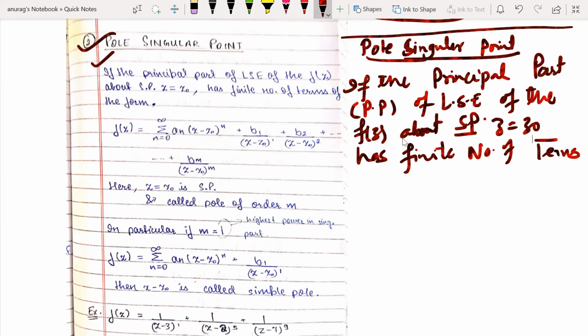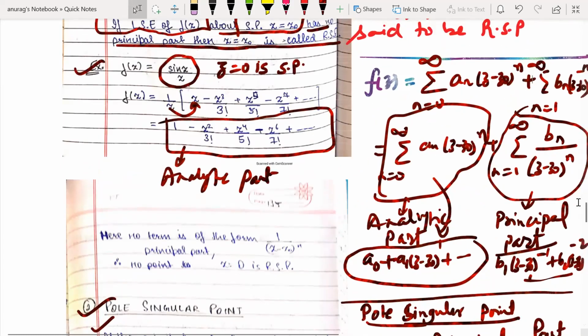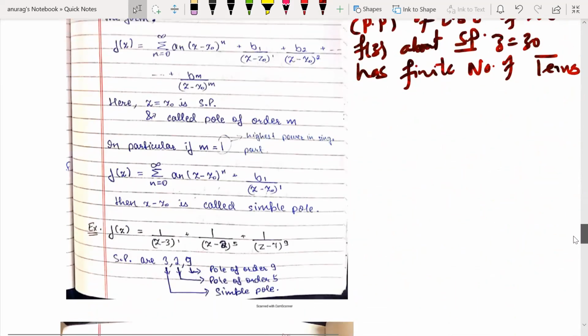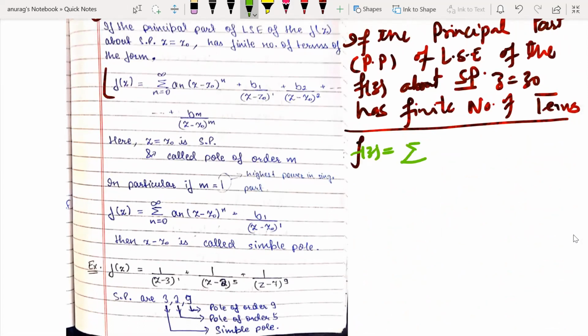I told you that the expansion contains infinitely many terms. But if in the principal part you have finite terms, then this is called a pole of that order. Suppose f(z) can be written as sigma n equal to 0 to infinity, this is the analytic part, plus sum n equal to 1 to m, there are only m terms, b_n over (z minus z naught) to the power n.